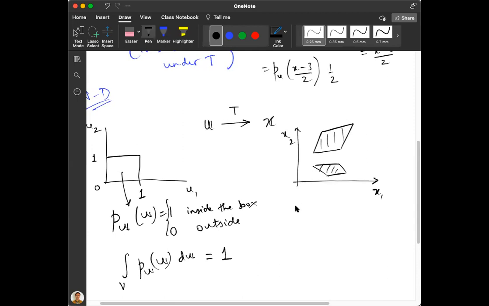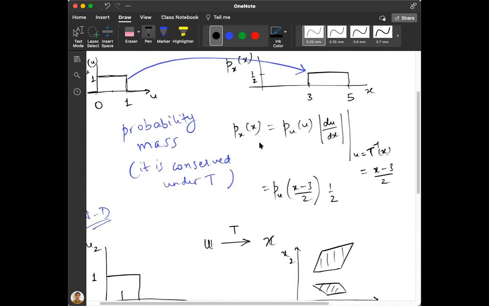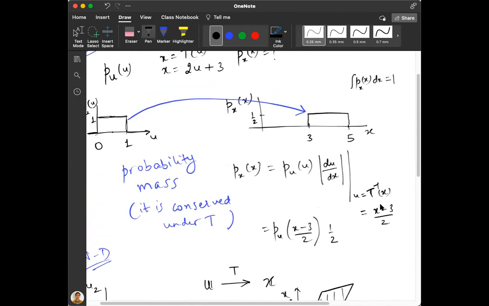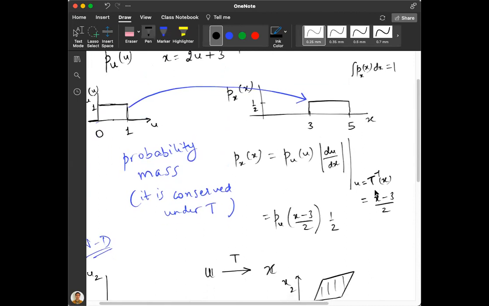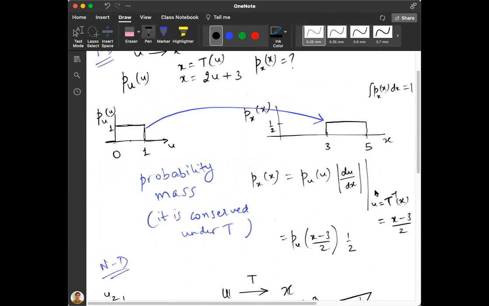So we are interested in invertible transformations. Invertible transformations means T inverse is also defined.